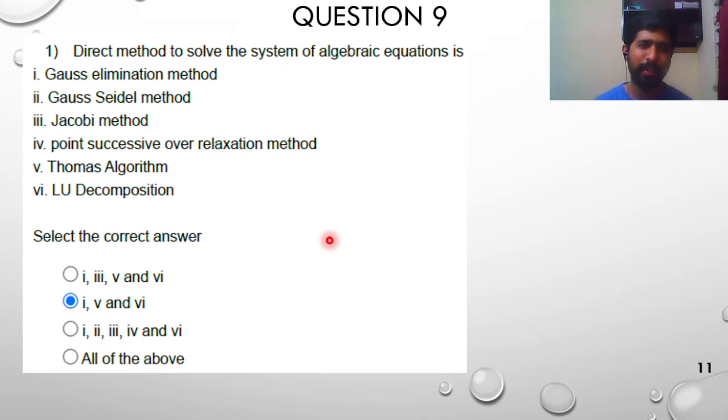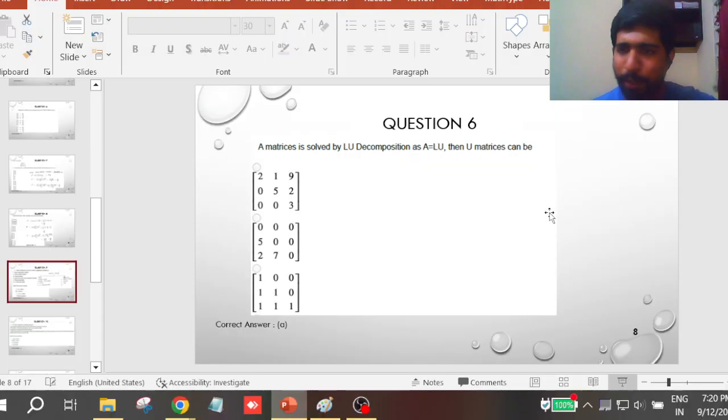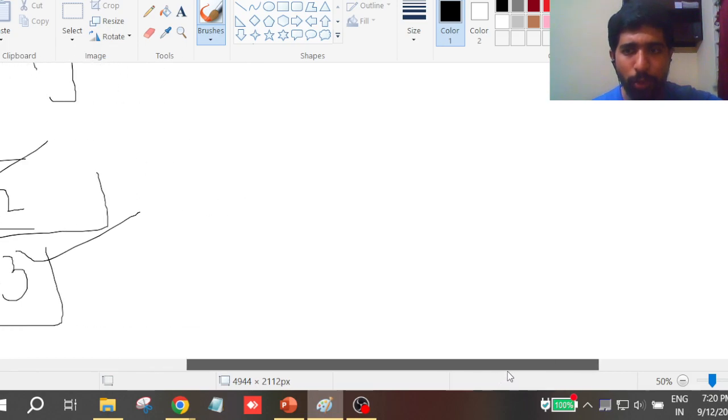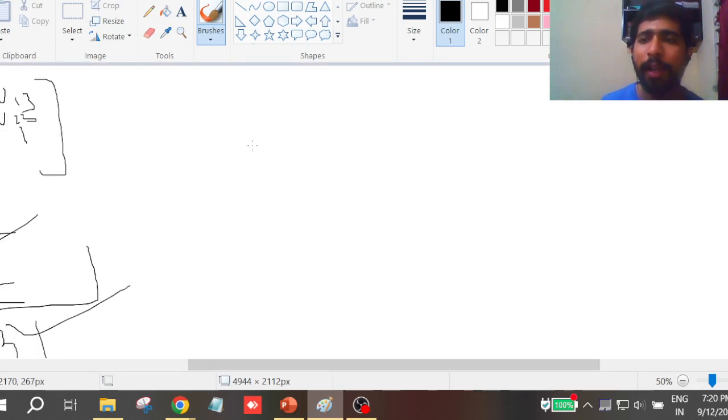But successive over relaxation or successive under relaxation is also just an extension of your Gauss Seidel and Jacobi method. So let me explain that also, because it is an important thing to understand. We usually get the values at different iterations, right?